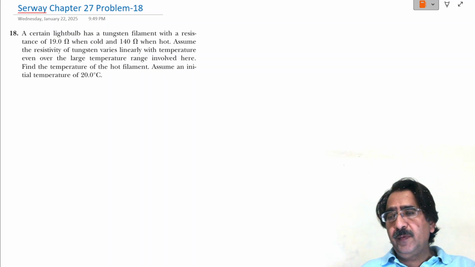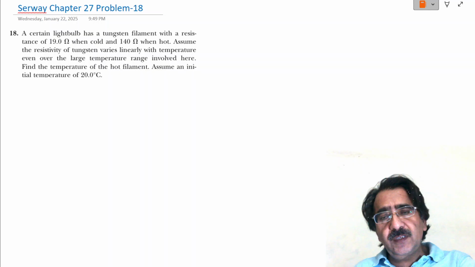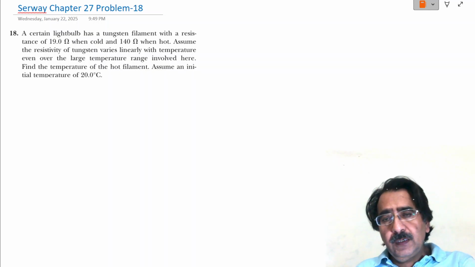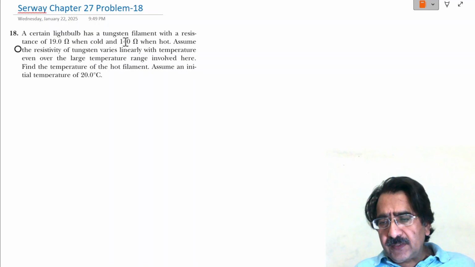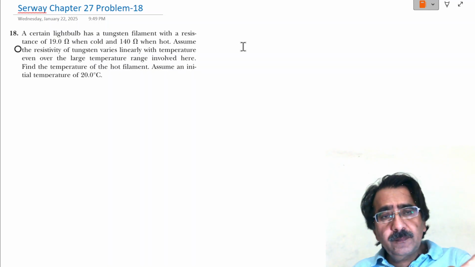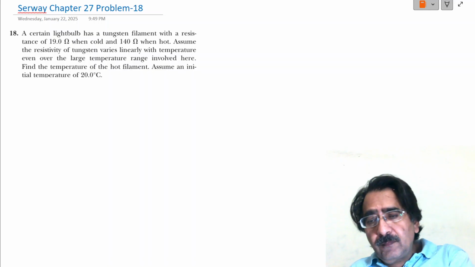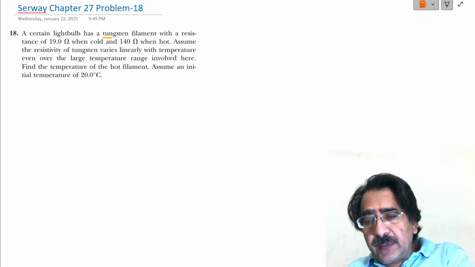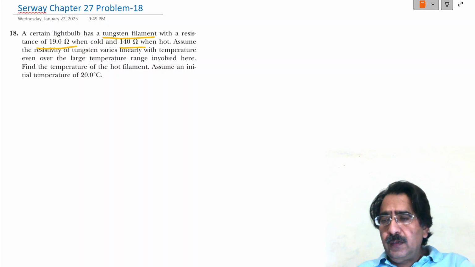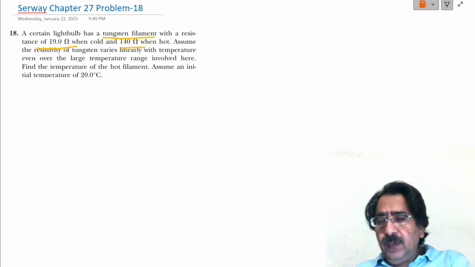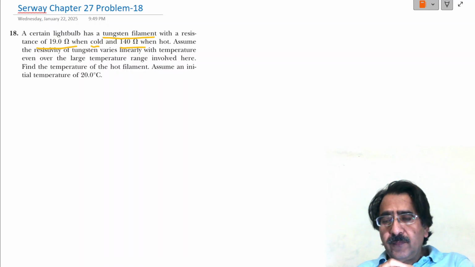Now we will solve problem number 18 from chapter 27 of the Serway book. A certain light bulb has a tungsten filament with resistance 19 ohm when cold and 140 ohm when hot.